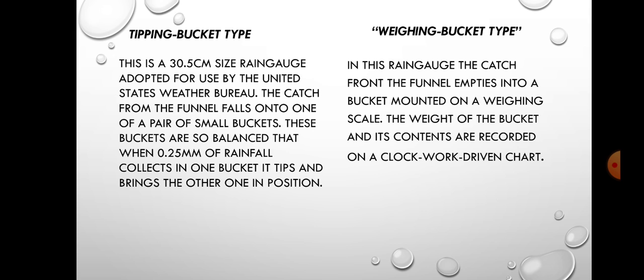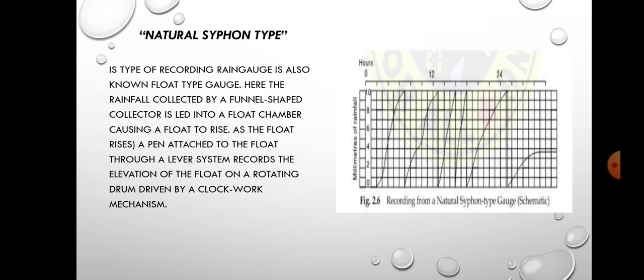Next, the weighing bucket type. In this rain gauge, the catch from the funnel empties into a bucket mounted on a weighing scale. The weight of the bucket and its contents are recorded on a clockwork driven chart. Then the natural siphon type, also known as the float type gauge.